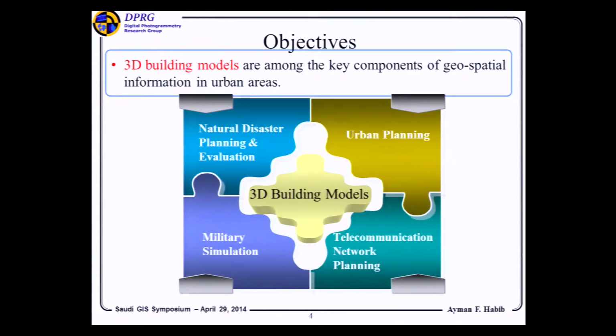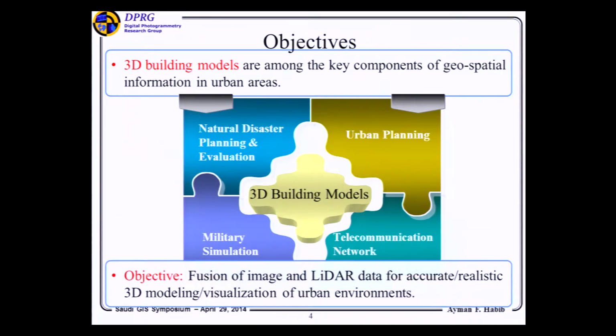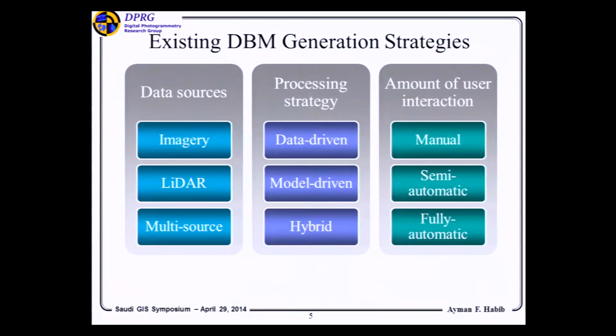There are lots of applications like what we see here in the slides, like security applications, military applications, telecommunication applications. So the objective of this work is diffusion of image and LiDAR data in order to generate 3D models, basically for accurate and realistic modeling and visualization of urban environments.